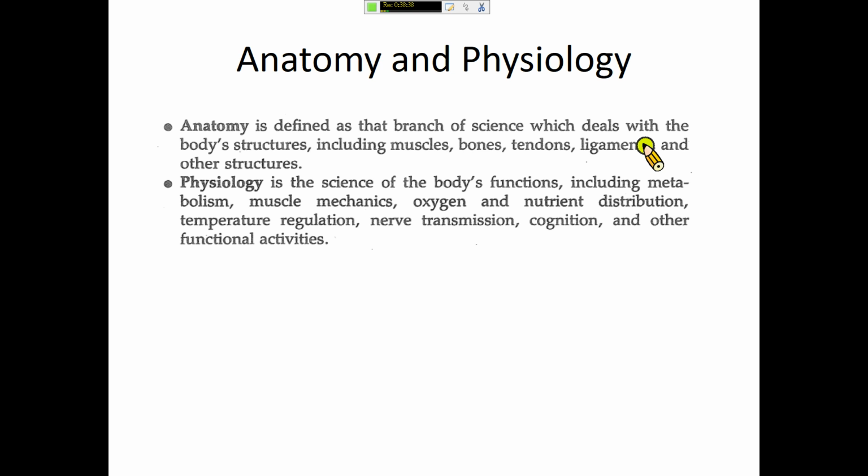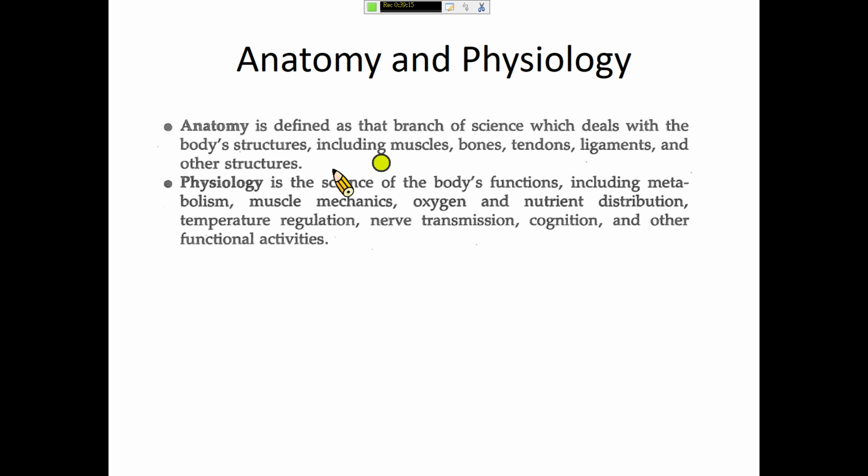There are 206 bones. Okay? So it's a big system. Just trying to name each of the bones is already a tremendous job. So this system is big, is huge, is complex.